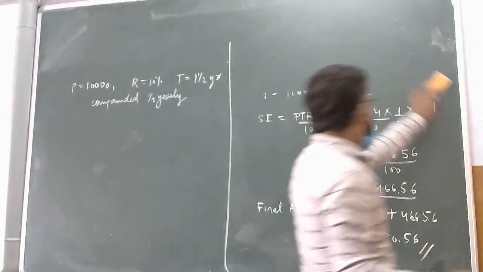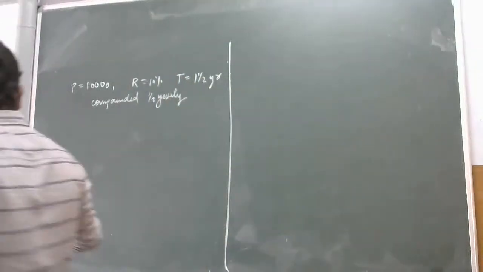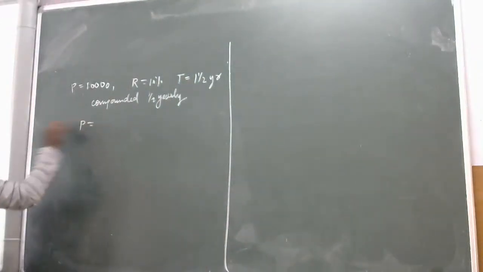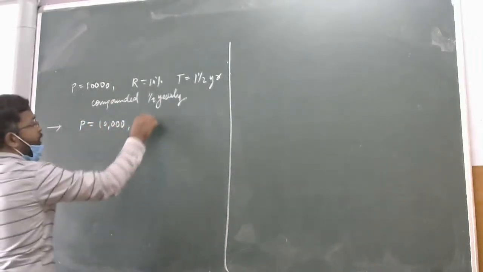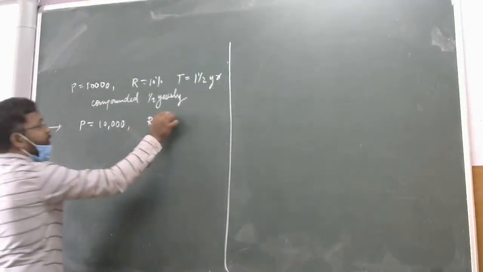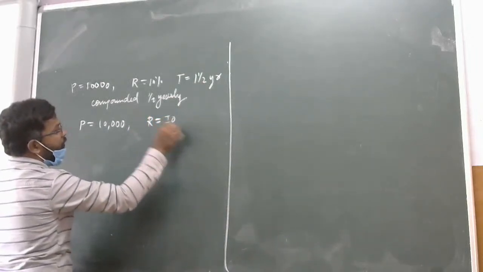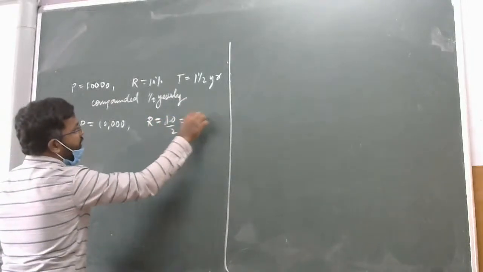So in case of compounded half yearly, what changes do you have to make here? Your principal will remain the same, that is 10,000. What will happen to the rate? Rate will become half. 10 divided by 2, it will be 5%.